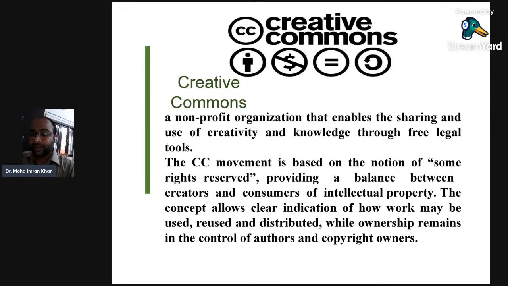That is very important these days, because otherwise there is a problem of access. People may not know whose work they are using and how to get the permission to use that work. Sometimes getting permission is not very easy. This concept allows clear indication of how work may be used, reused, and distributed.